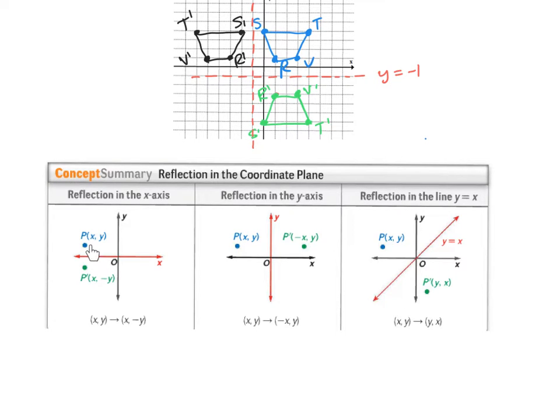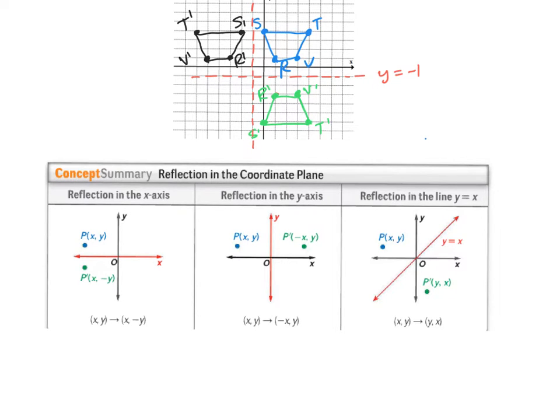So if we take a point whose coordinates are x, y, and we reflect it in the x-axis, it just flips to the other side of the x-axis. So you'll notice that if the coordinates of that point are x, y, those are the coordinates of the pre-image, then the coordinates of the image are going to be x, opposite of y. Notice these two points have the same x value, but they have opposite y values.